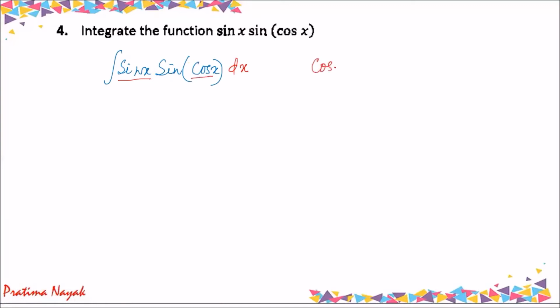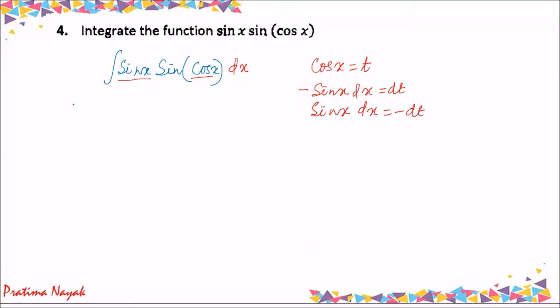Cos x as t because its derivative should be free. And you are seeing sin x is free here, cos x is not free. It is a composite function. So the derivative of cos x is minus sin x, so minus sin x dx is dt. So sin x dx is equal to minus dt.